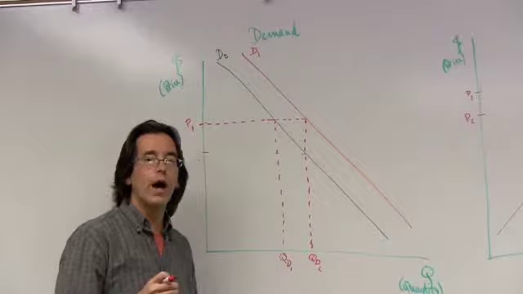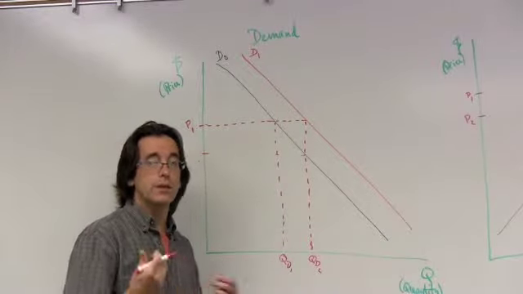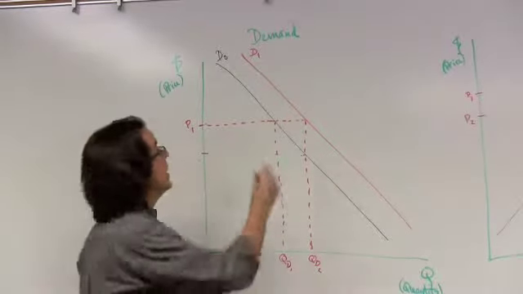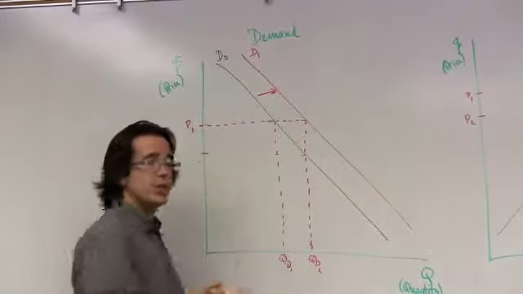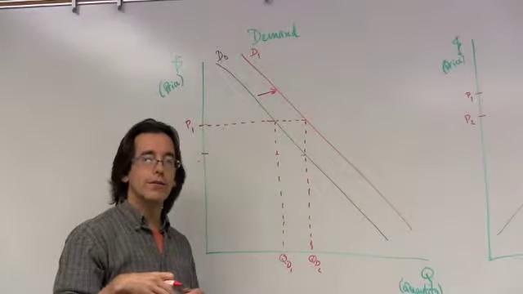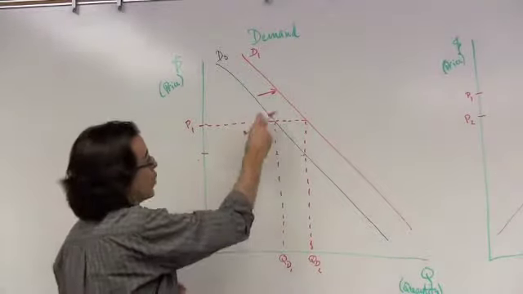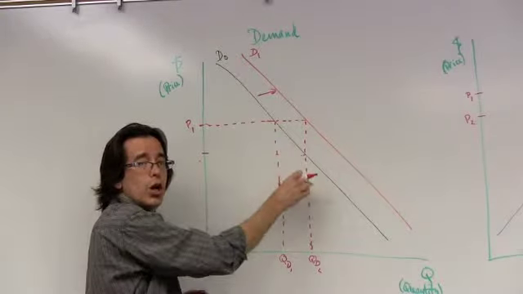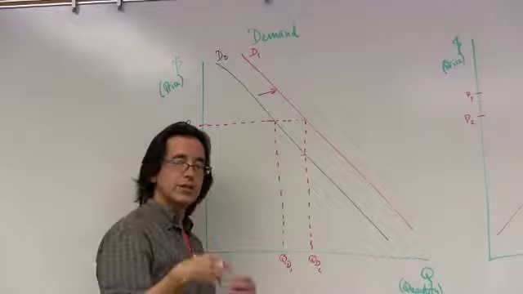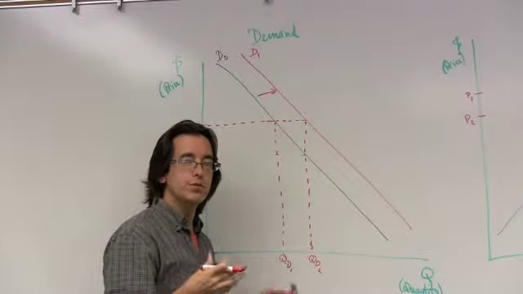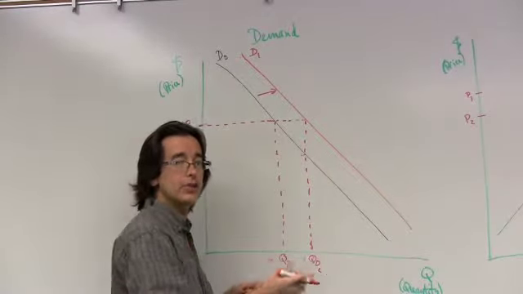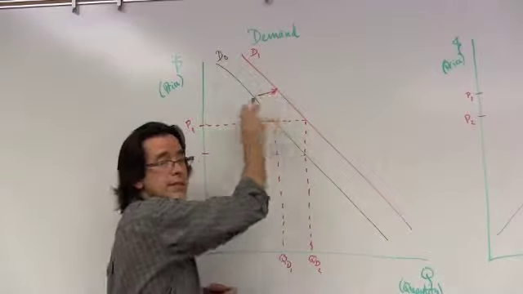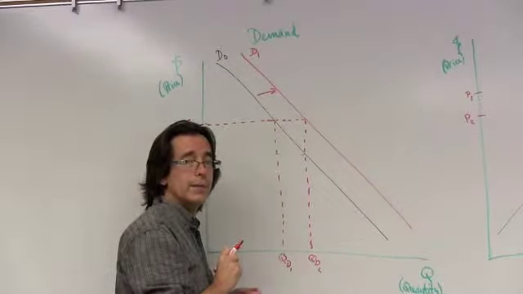More people are going to be wanting that broccoli just because there's more people. And so that was a shift to the right of the demand curve. So when there's only a change in price and no other changes, it's a movement along. When there's been a change in some underlying aspect of consumer behavior, in this case an increase in population, we'll see that there's a shift to the right in the demand curve.